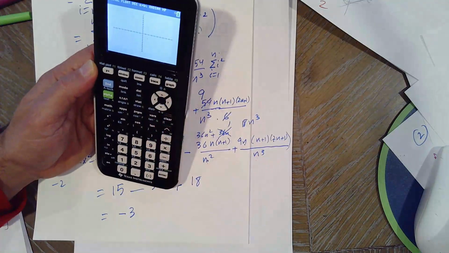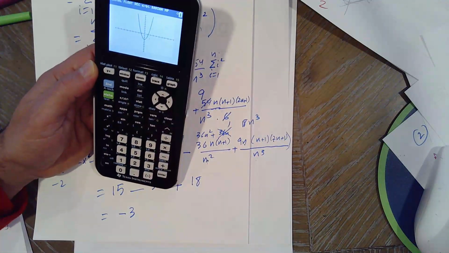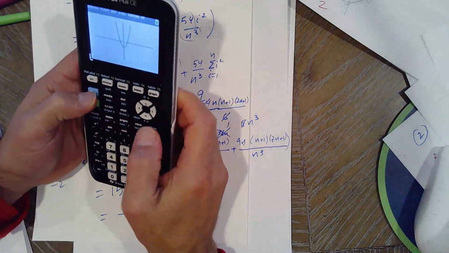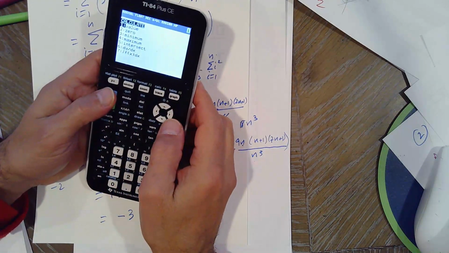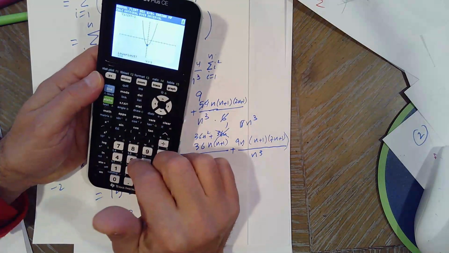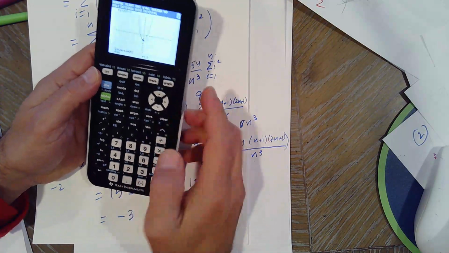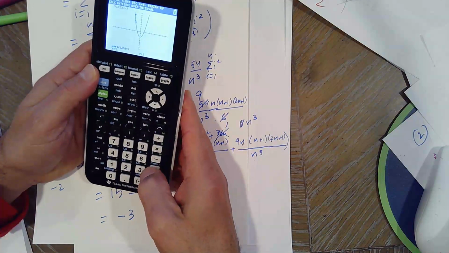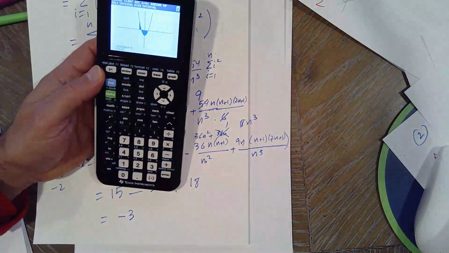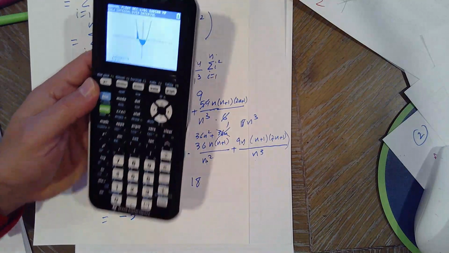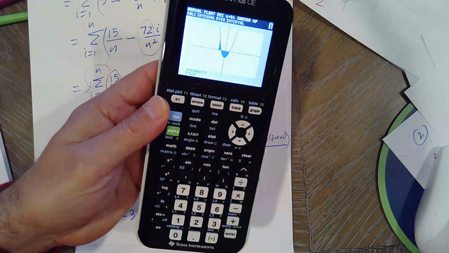Graph it. And then if you do second calc, and then you want to do number 7, the lower limit is negative 2, enter, the upper limit is 1, enter. It will show you what you just did, and it gives you the answer. If you can't see it, it's negative 3.